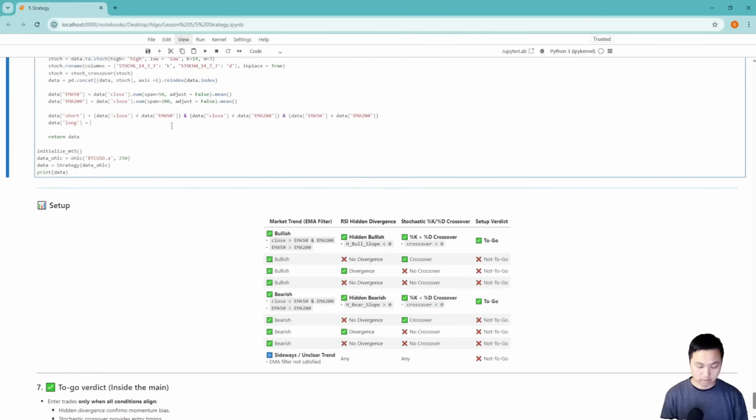And then for this one, simply check that the closing price is higher than the EMA 50, and this one is higher than the EMA 200.